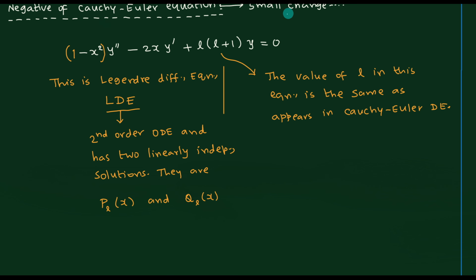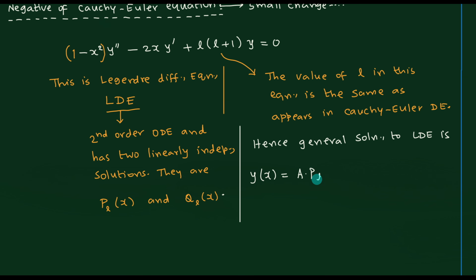So what is the comment that I would like to write down here? What would be the general solution to the Legendre differential equation? That is the question, and the answer is this. The general solution is nothing but a linear combination of the two solutions, that means A times the first solution plus B times the second solution.